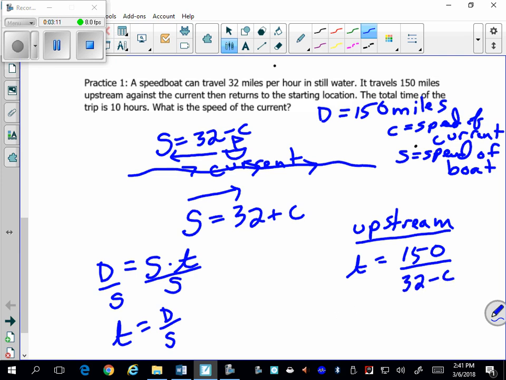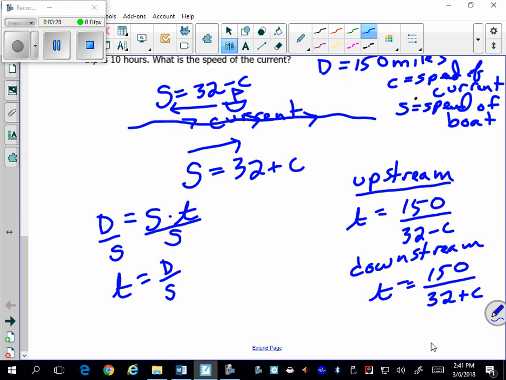Downstream, so with the current, the time it takes is 150 over the speed of the boat, 32 plus c.